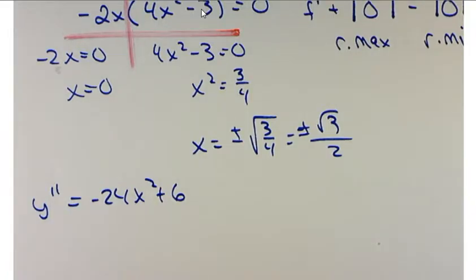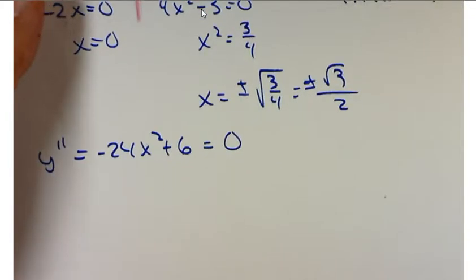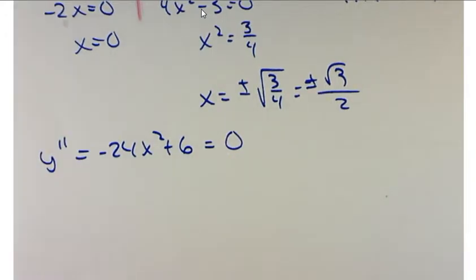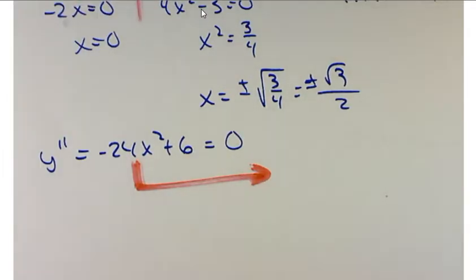And again, I want to know where this can change signs so that I know where it's concave up and concave down. It'll change signs around the points where it's actually equal to 0. So let's solve here. If this is equal to 0, I'm just going to move this term to the right-hand side.